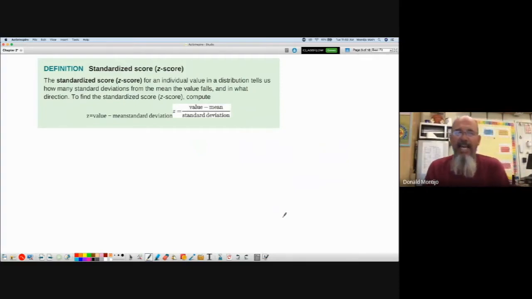If we relate it to the test score problem, 80% of all the test scores were less than mine. Now, a standardized z-score is another way to explain your location or your relative standing, or how you compare relative to everybody else.